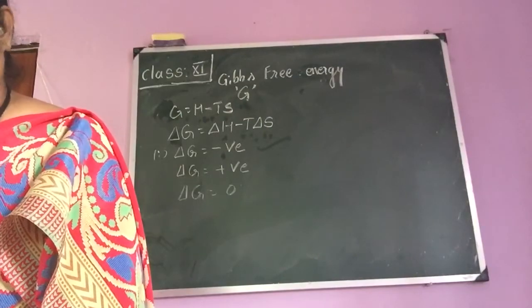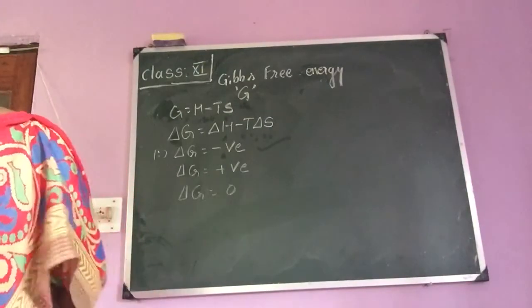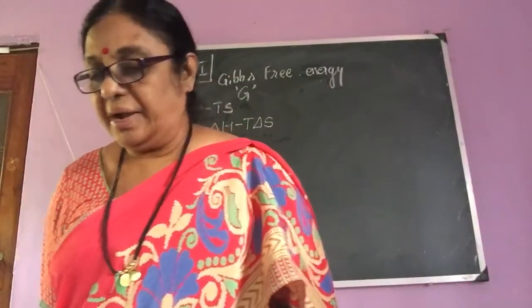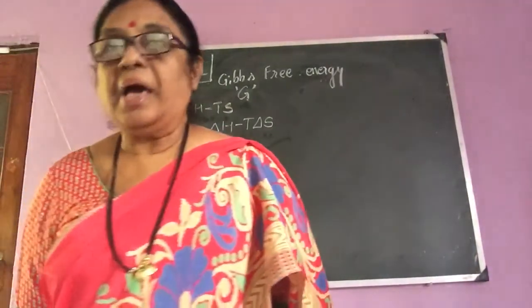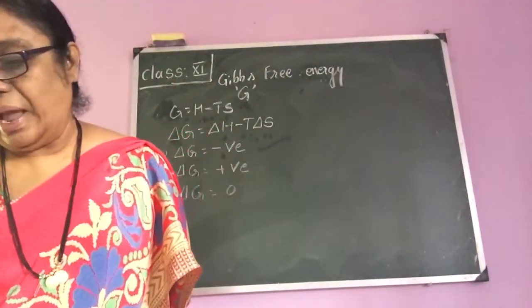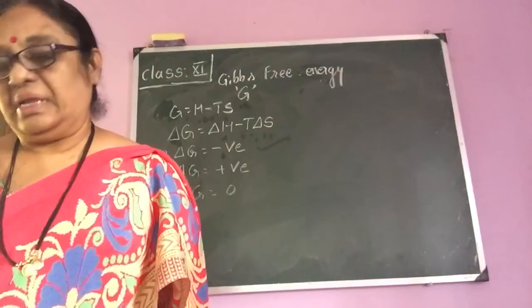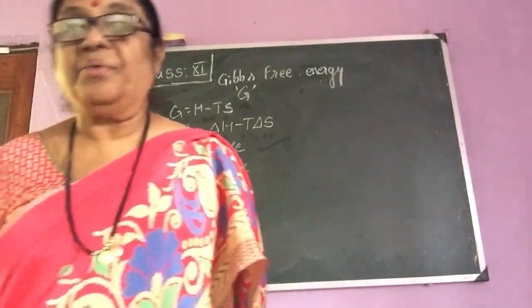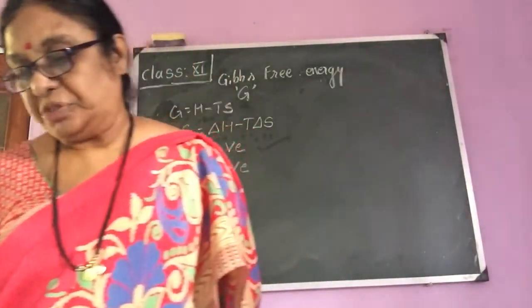Del G would be negative under the following conditions. First, both the energy and entropy factors are favorable and may have any magnitude. That is, del H is negative and T del S is positive.